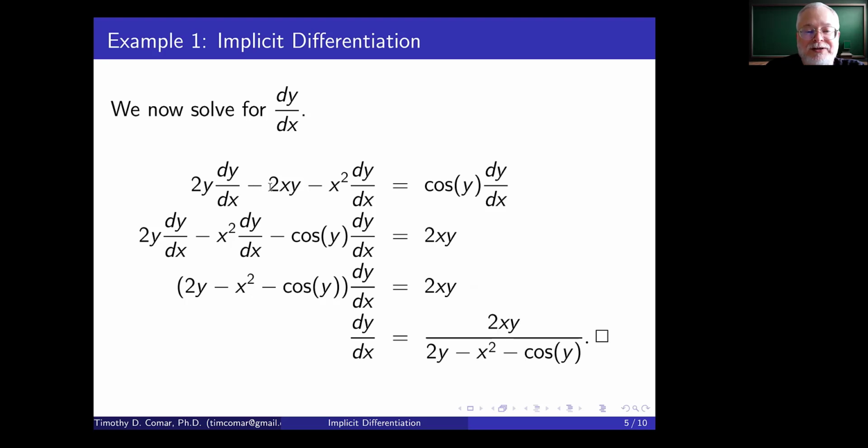So the only thing we needed to move over to the right-hand side was this 2xy, and the only term we needed to move over to the left-hand side was cosine y dy/dx. And we just factor out that derivative here, and in the final step, we divide, and there is our derivative. But notice here that this derivative is expressed in terms of both x and y, which is typically what happens with implicit differentiation.